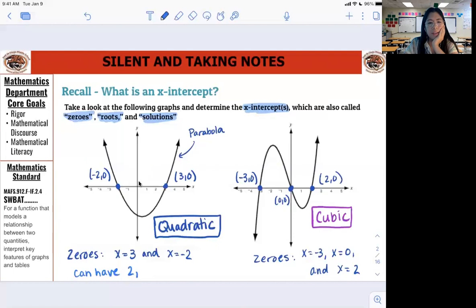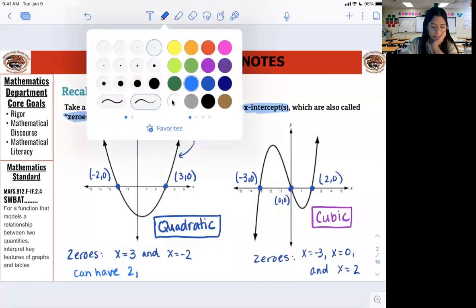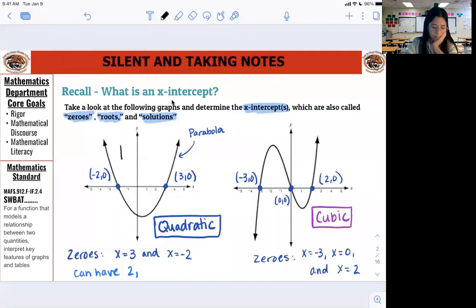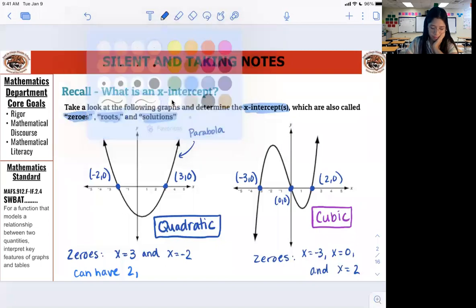How many zeros does the parent function have? It does go to 1. Yeah. The parent function looks like this. And where is the 0 located? At the origin, at the vertex. So sometimes you might only have 1 zero.